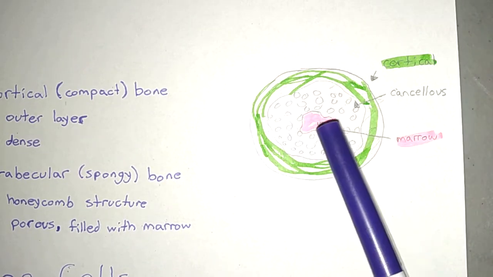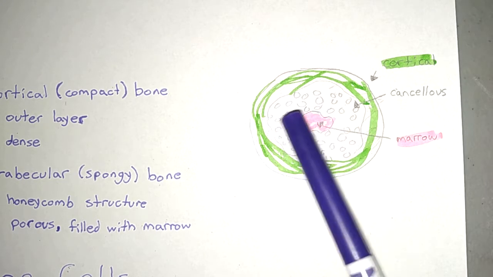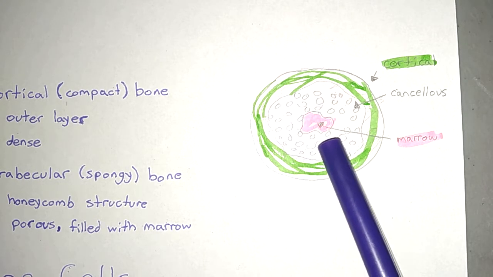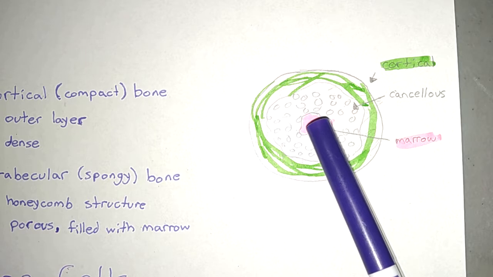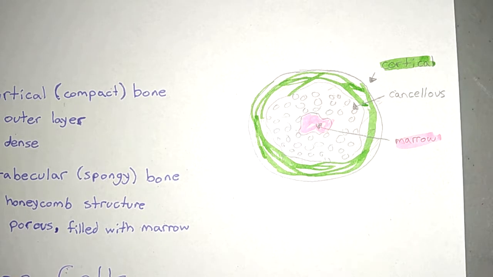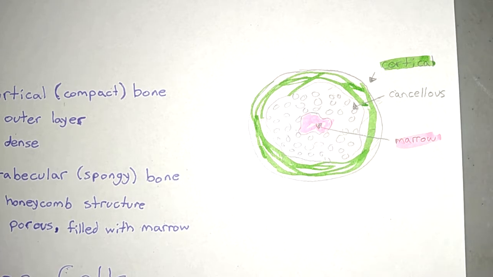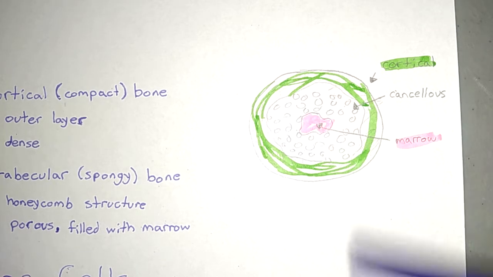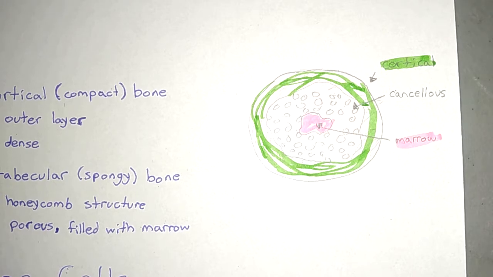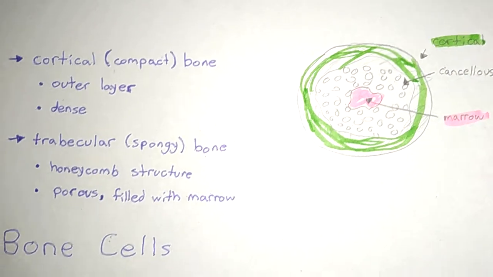But it allows marrow and other materials to fill up the place. In the very center of the bone, typically in long bones, they have this marrow, and that's where cells are stored. It doesn't play any structural support role for the bone, but it can be used as storage and for the other functions of the bone that we have stated in the previous videos.